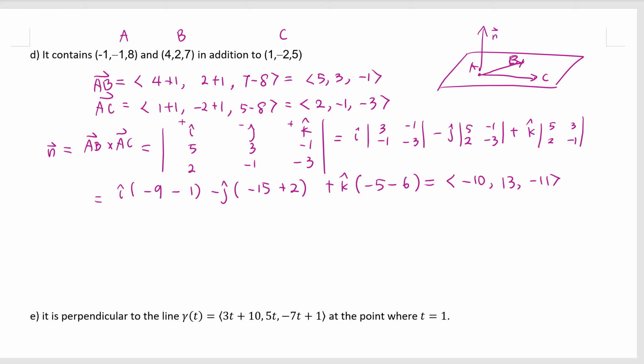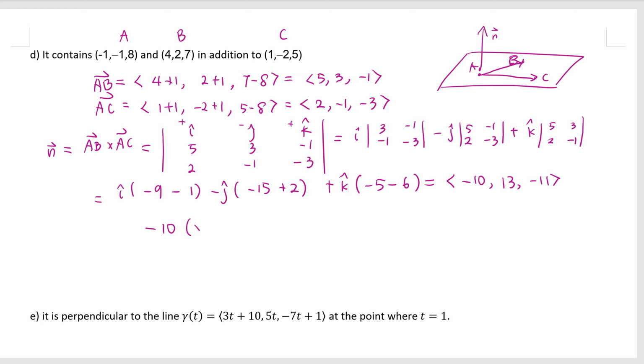Alright, so we have the normal vector and we have the point. You can pick any point. Let's pick C because we have used it a lot, right? Actually, you can use any point: point A, point B, or point C. It will give us the same plane. You can try that.